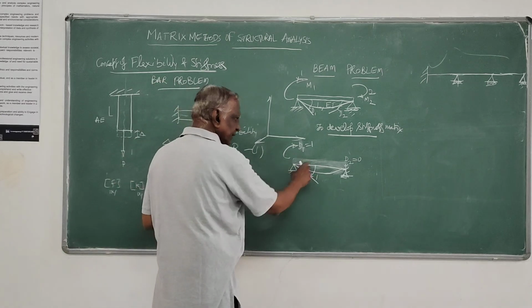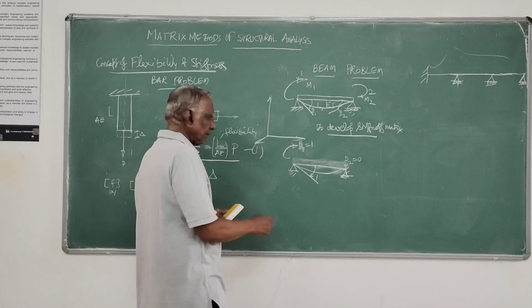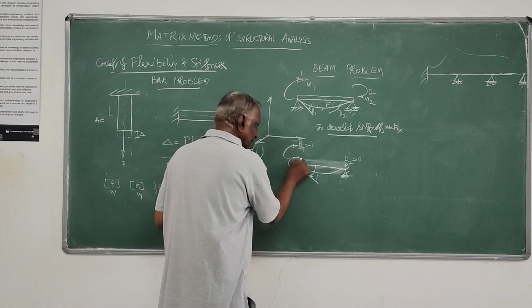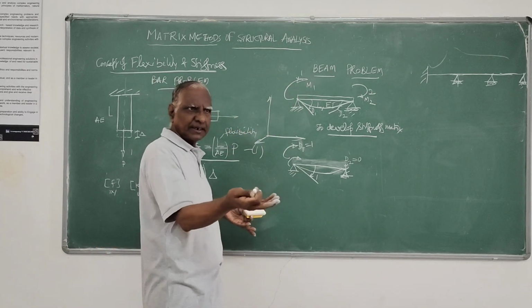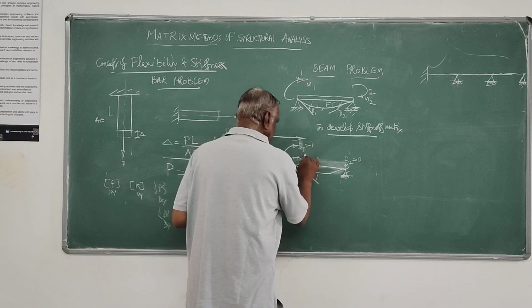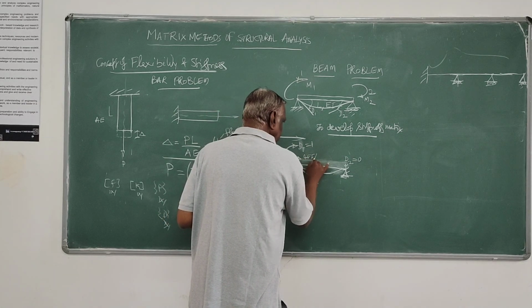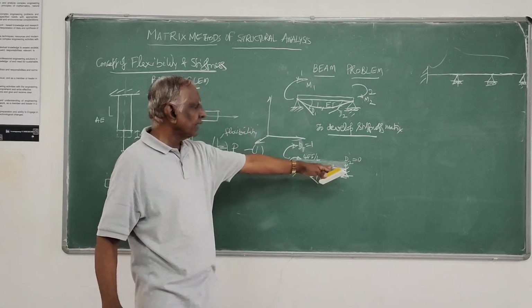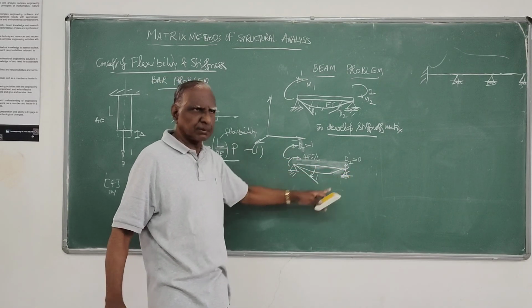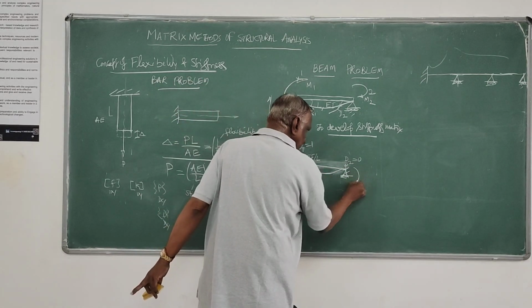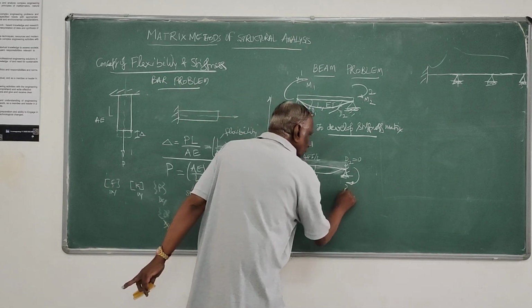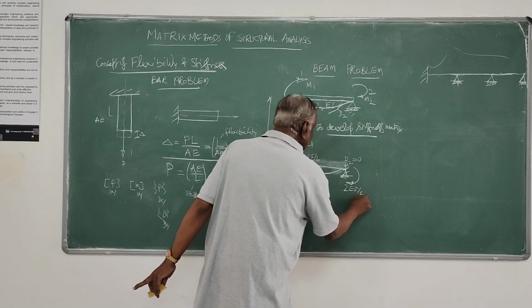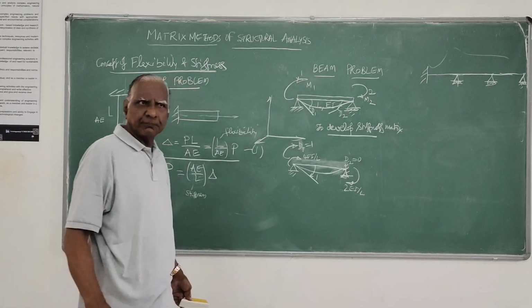Then due to unit displacement applied, the force developed here, that is your m1 force, has been derived in slope deflection method. It is equal to 4EI by L. Here it is fixed. I am not allowing any displacement. So since it is fixed, here there has to be a moment developed, and that has to be 2EI by L, that is in the direction of m2.